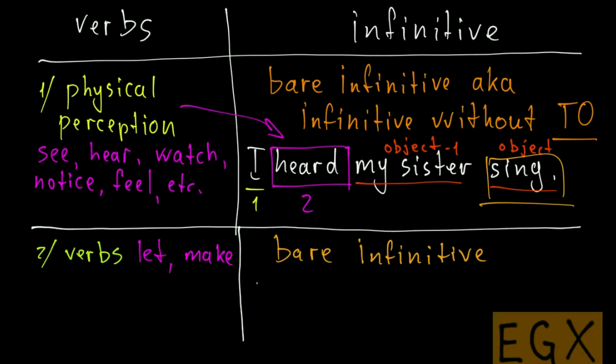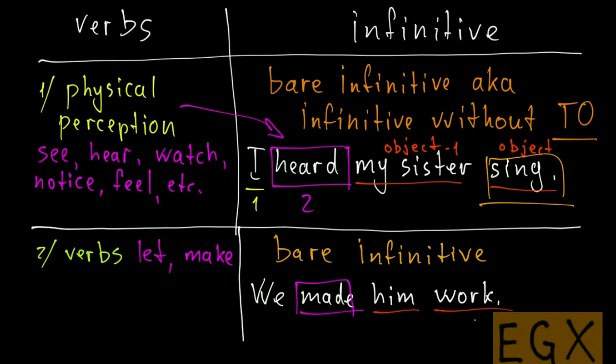Let's take an example. We made him work. Here it is, made. And then we have our object number one and then object number two. My bare infinitive is here.